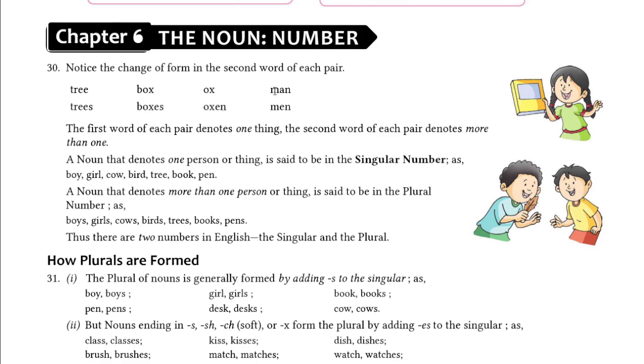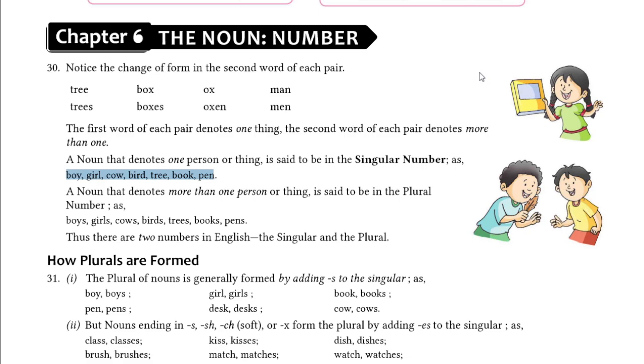Similarly, look at this last pair, man and men. Man denotes one human being, one male human being, and men denotes more than one. So man is a noun in singular number, men is a noun in plural number. Similarly, boy, girl, cow, bird, tree, book, pen, etc. All these nouns denote one person or one object or one animal.